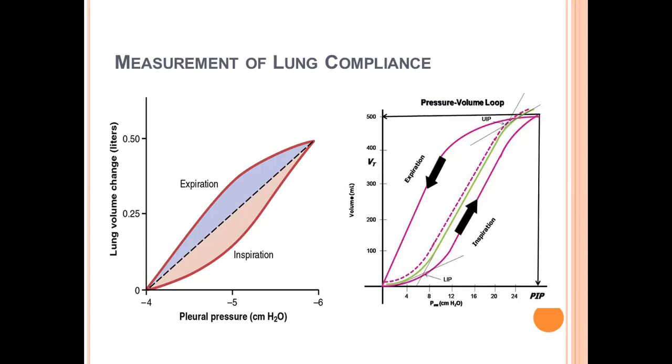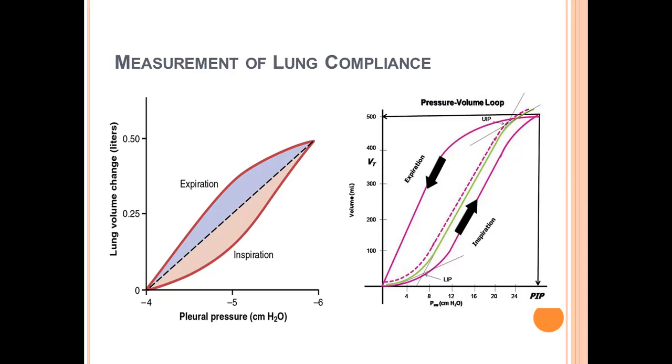There are methods like the pulmonary function test by which you can measure lung compliance. In these pulmonary function tests, the subject is asked to inhale and exhale, and a record is made like this. So you get these loop type recordings, and these are known as pressure volume loops. During inspiration and during expiration, the graph is recorded.